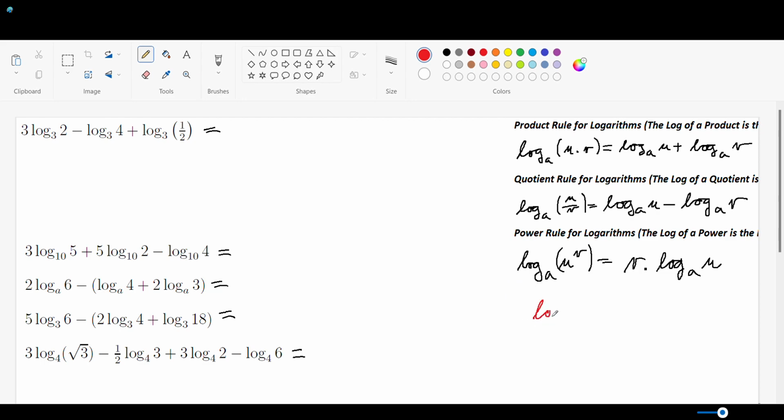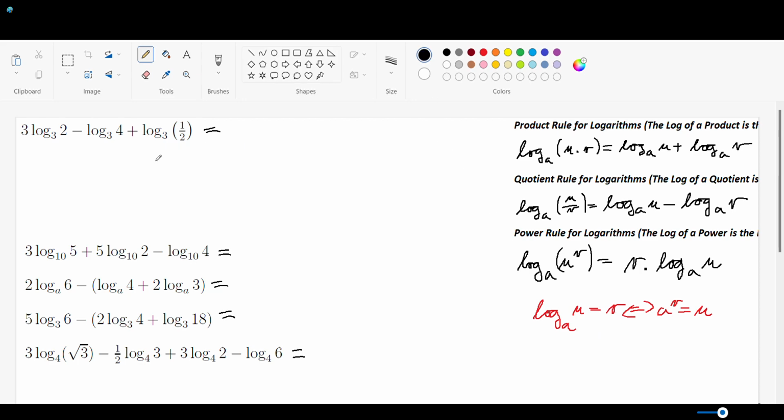Let me write here the basic definition of the logarithm: log base a of u is equal to v if and only if a to the power of v is equal to u. Again, it doesn't matter if you call this u and this v, the principle remains the same.